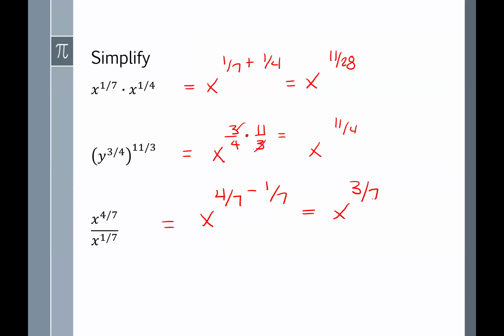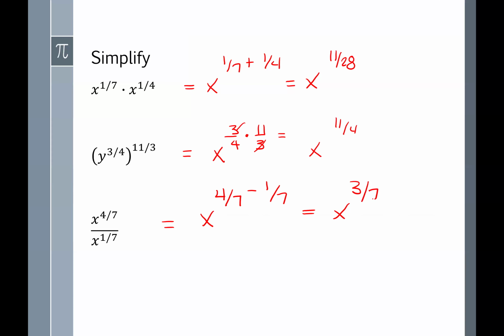Okay, our last definition of exponents deals with negative exponents. And negative exponents have absolutely nothing to do with the sign of your number. What it has to do with is the reciprocal.